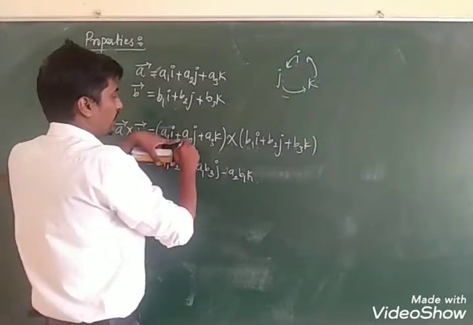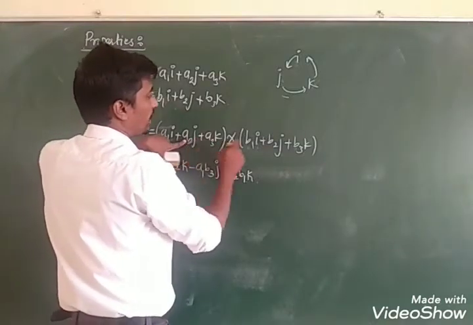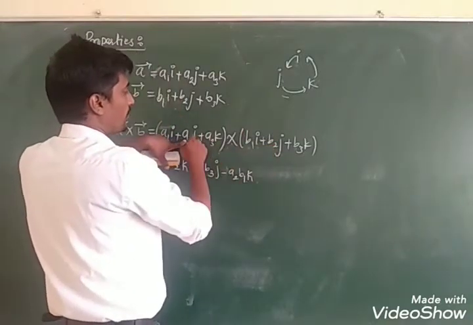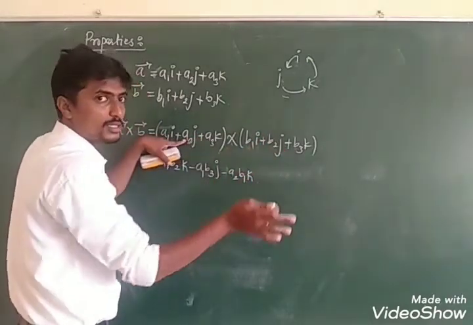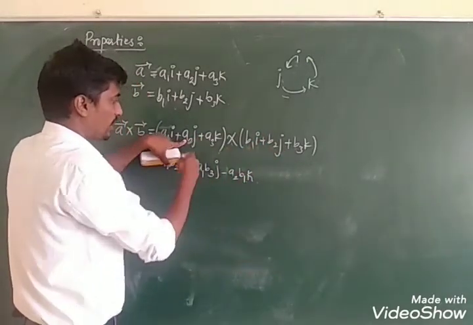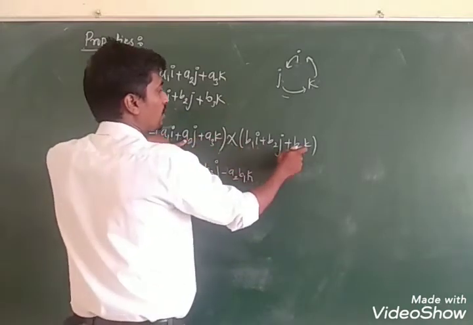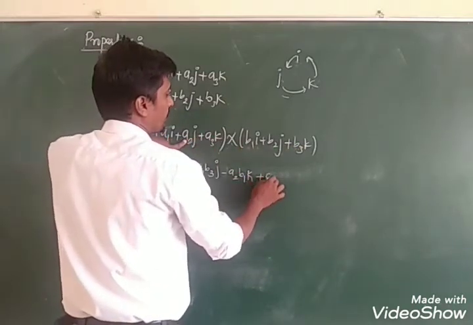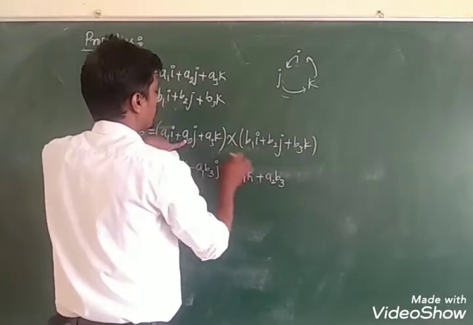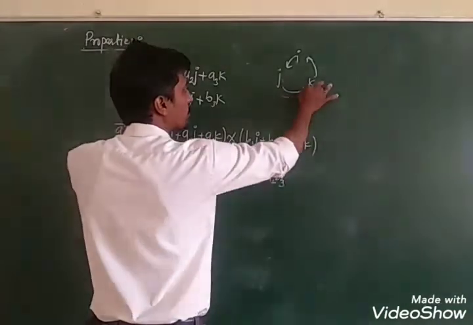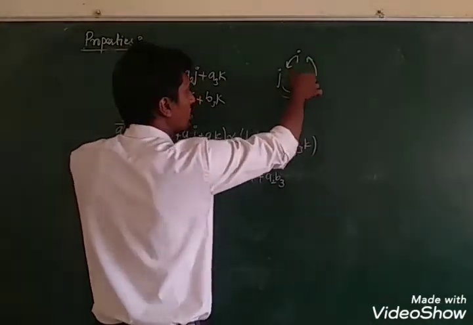Okay. So next, A2 into B2. But here we have J cross J, whose value is 0. Remove that. Next consider A2 into B3, J cross K. It is in the anti-clockwise direction, no problem.